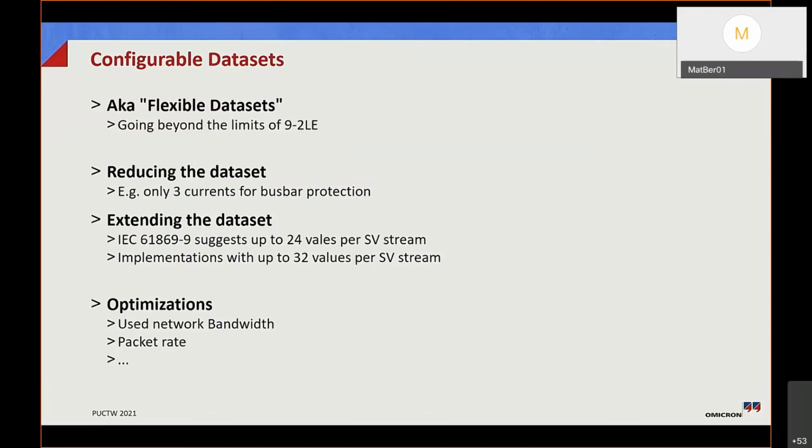And there is hope that you can optimize the system by adapting the dataset, either to save bandwidth or to come down with the packet rate or the number of sampled value streams or whatever you find important in your case, but we will come also back to this.